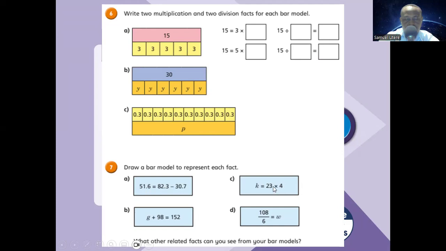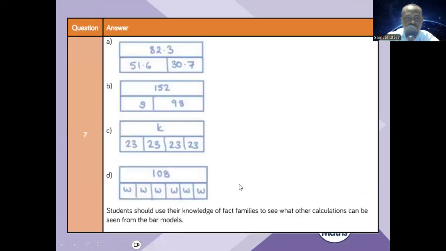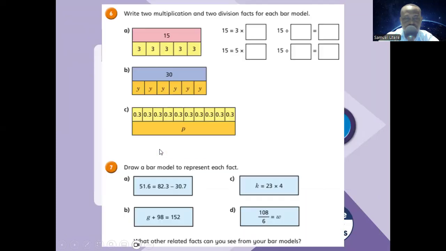This one represents a multiplication bar. So you can see for C, since it's a multiplication bar, it means you're having 4 lots of 23, and that's what you can see here. So K would be the big bar, then you have 4 lots of 23.